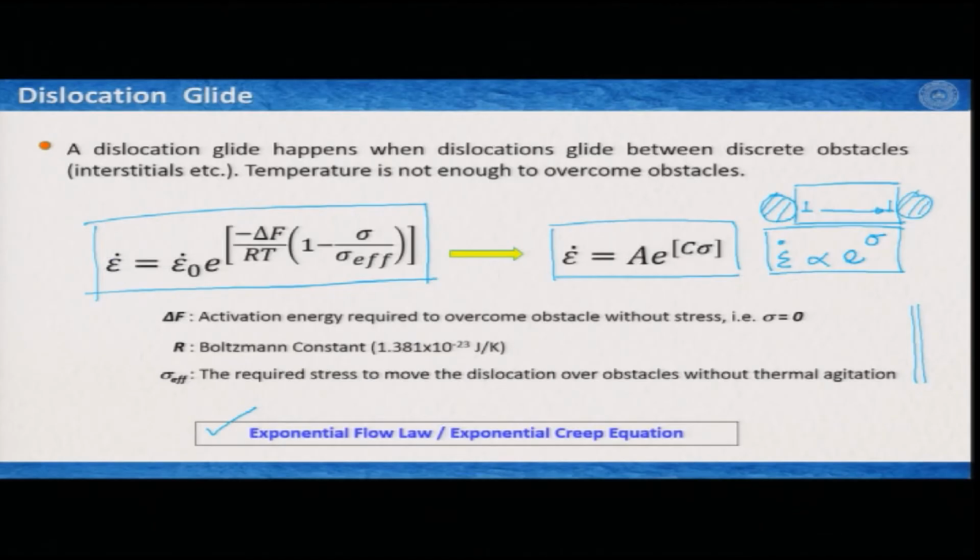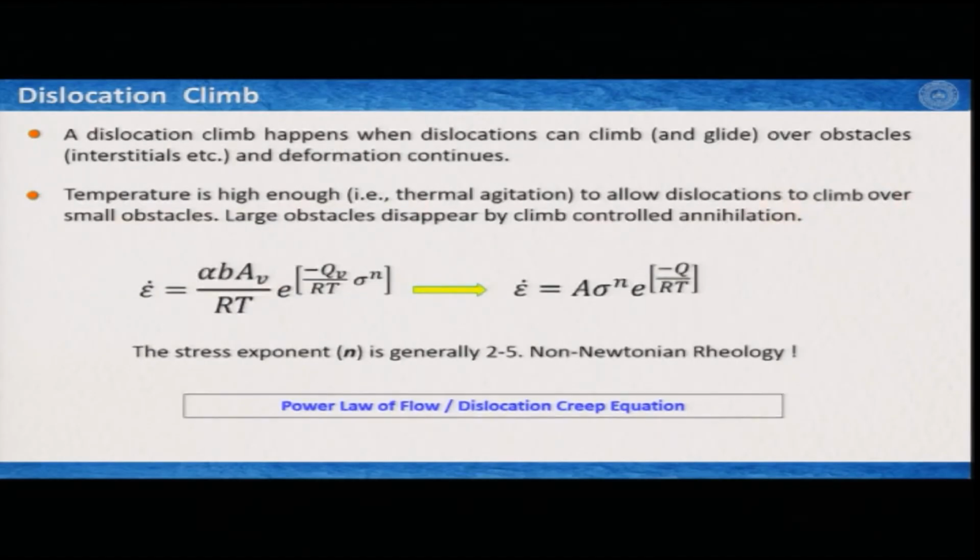In contrast, dislocation climb happens when the dislocations can climb and at the same time, of course, glide over obstacles, and these are interstitials and so on. What I mean by that is, I have one obstacle here, another obstacle here, another obstacle here. So, dislocations can actually climb and move and move, and then it can again jump and move on.